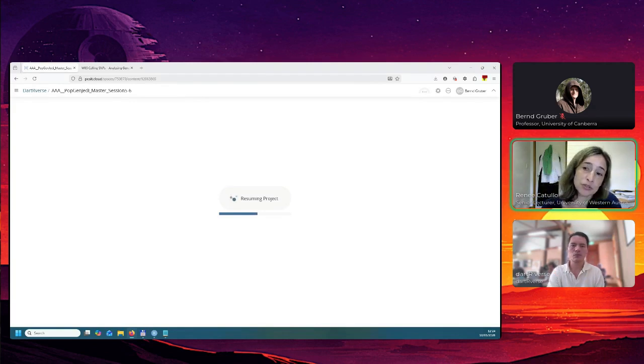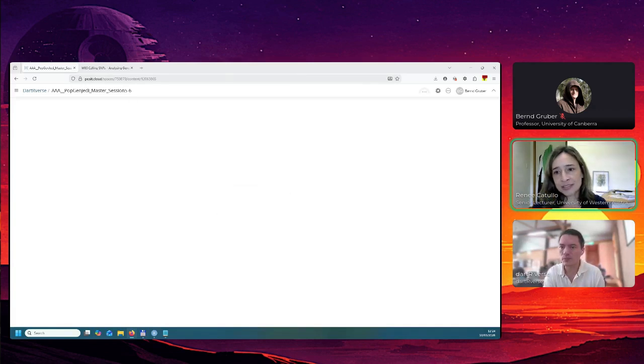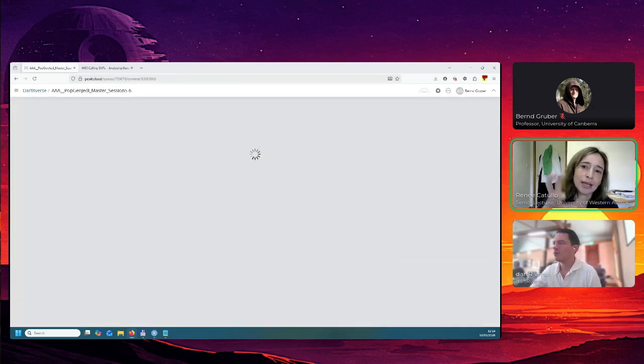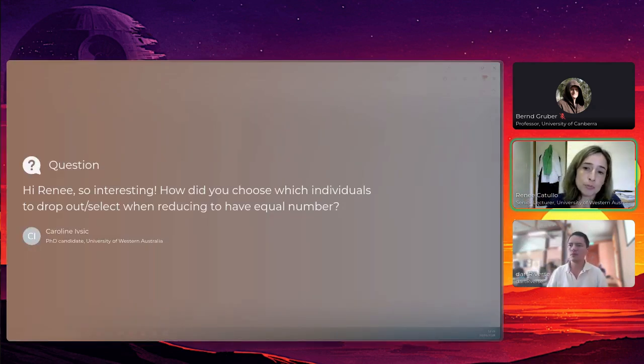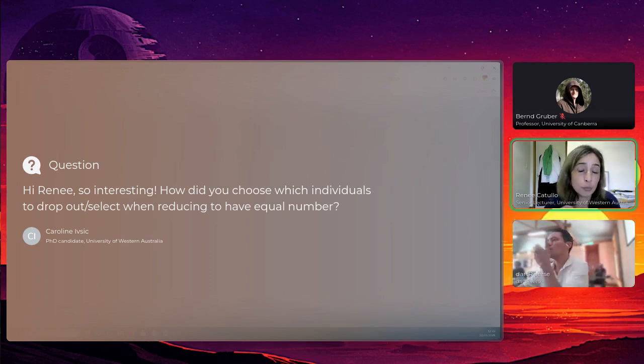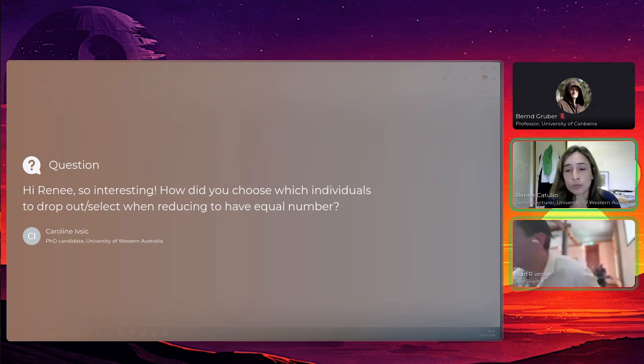So how do you choose which individuals to drop out when reducing to have equal number? Statistically, the answer is you should bootstrap it. You should do that analysis multiple times. You should randomly select 5, and then 6, or 5 and 10 and 15, multiple times to make sure you're not getting some weird effects.